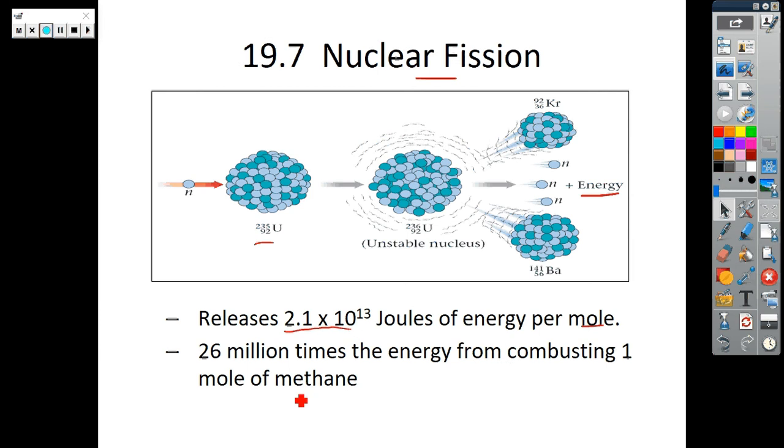This is a reason why nuclear submarines like to use a nuclear reactor as opposed to a combustion engine. For basically the same amount of particles of fuel, you're getting so much more energy that a nuclear submarine can drive around the globe a whole lot of times without refilling.